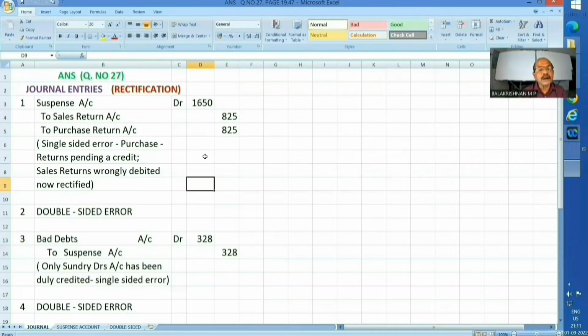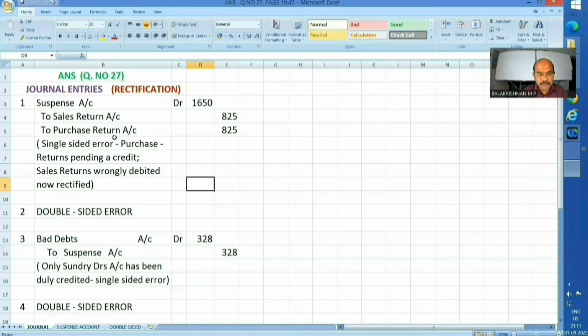Okay. And since it is a posting mistake only, the party has obviously been taken care of. They have not told us that the party's account has been wrongly operated. Only posting in respect of the return books has mistakes.